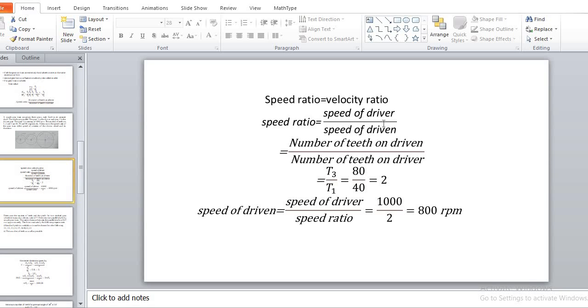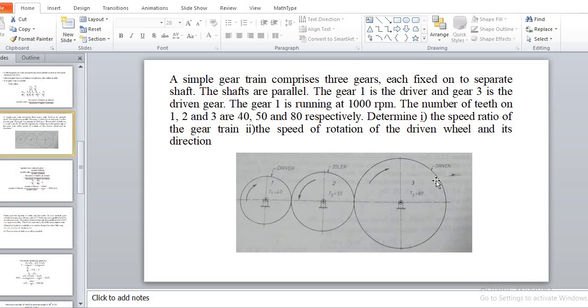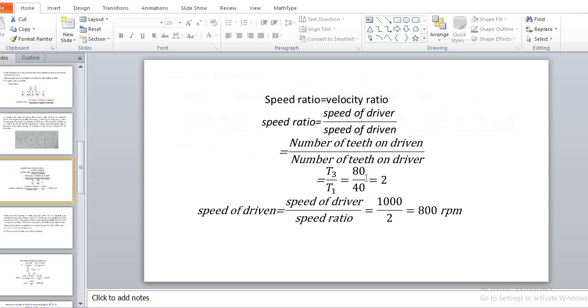So for the speed ratio, the number of teeth on the third gear is 80 and on the first gear is 40. So 80 divided by 40 is equal to 2. So speed ratio is 2.